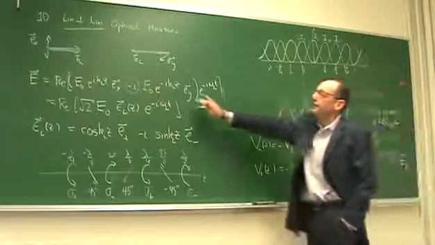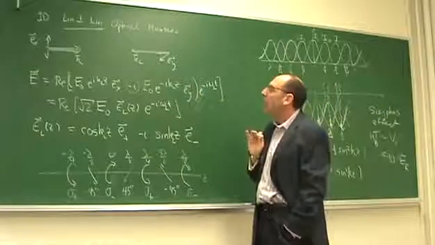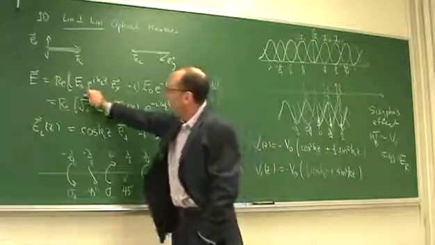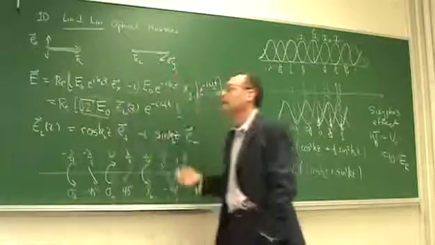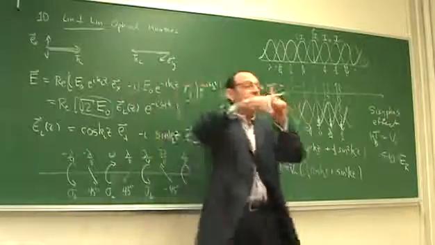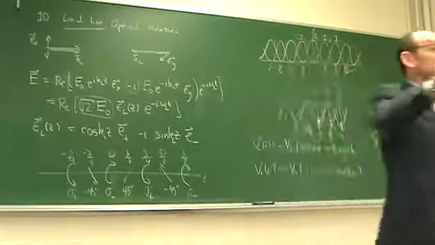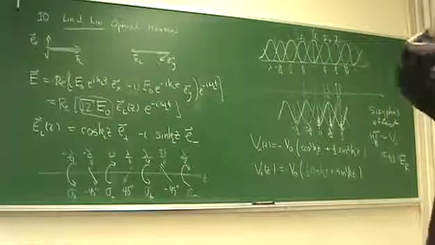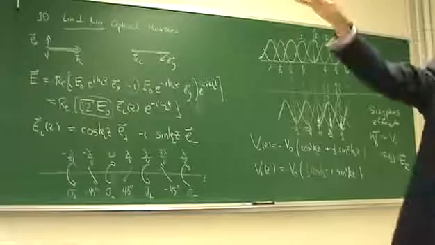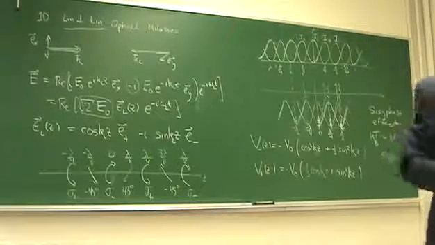So this field is such that the total amplitude here is constant, as we would expect. Thinking about cross-polarized beams, you might think, well, they don't interfere with one another, so the total intensity would be uniform because they're cross-polarized.